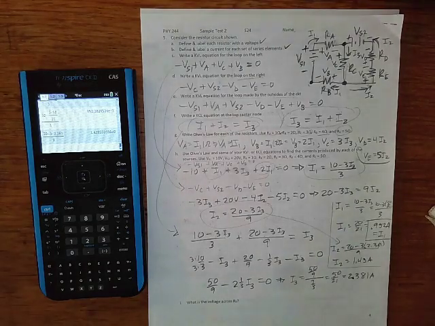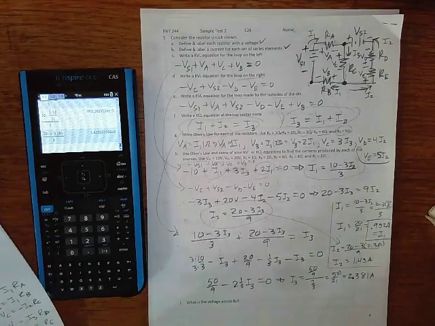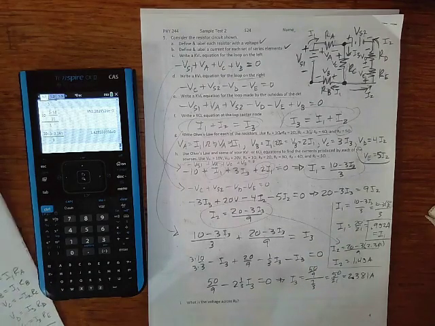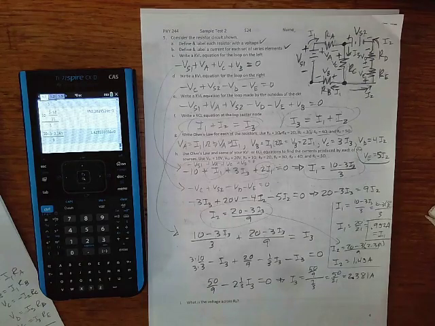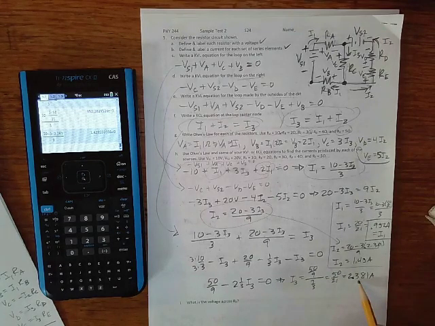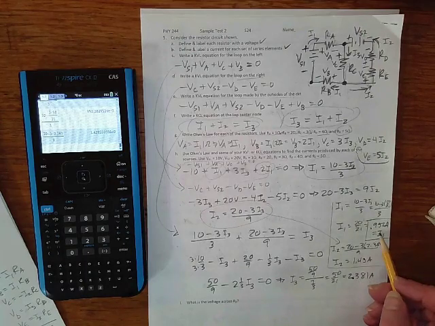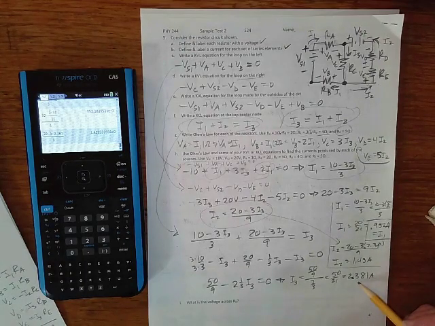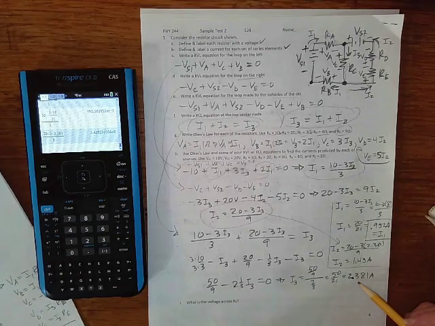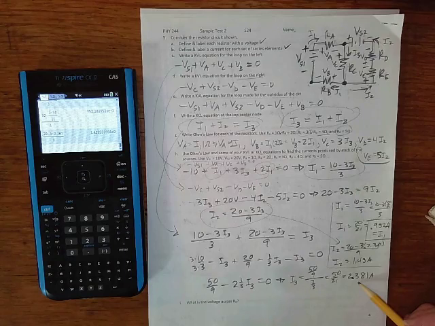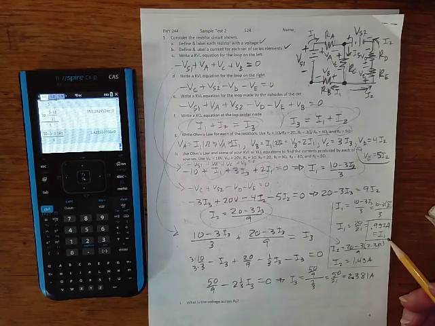See how I'm comparing to what I've got before. I1 is 0.953.